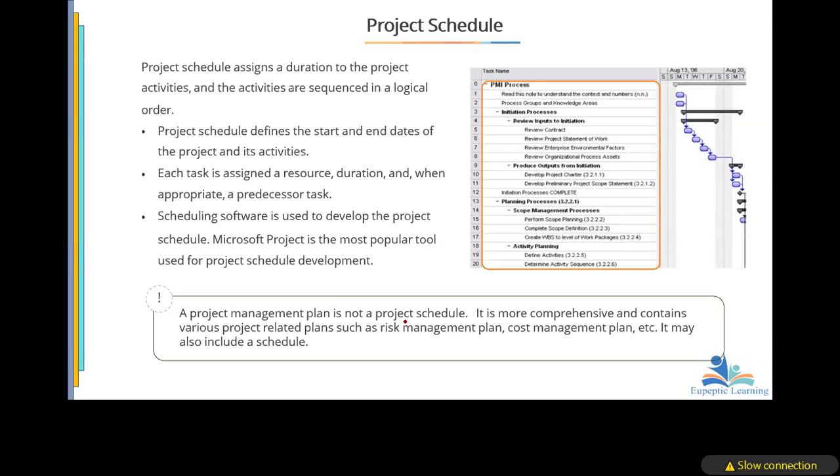So if you really want to know the schedule of the project, you go to the project schedule, or what we call the schedule baseline. You get it here. Sometimes they are used interchangeably. It is more comprehensive and contains various project related plans. So you see, this one is very comprehensive.